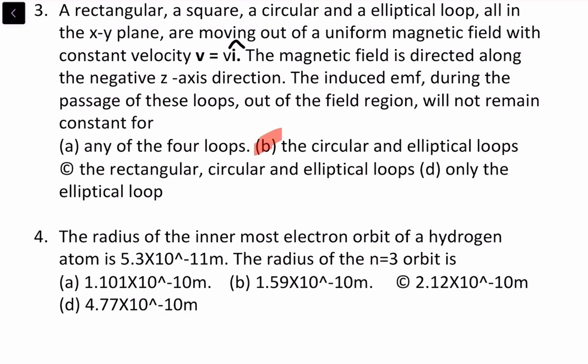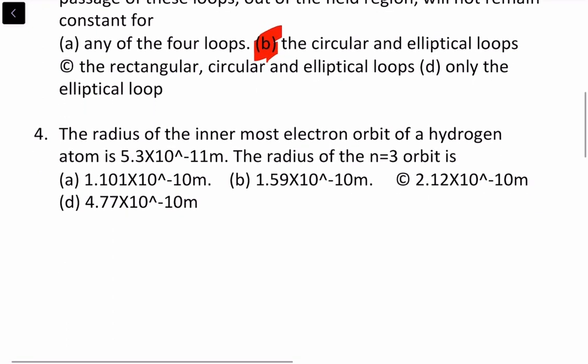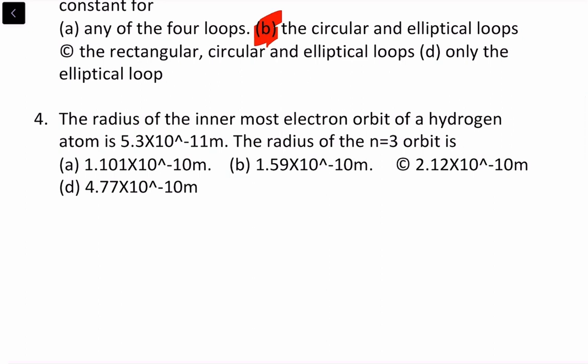The answer is B. Now, after that, let's go for another one. Fourth one: the radius of the innermost electron orbit of a hydrogen atom is 5.3 into 10 to the power of minus 11 meters. The radius of the n equal to 3 orbit is? For this we have a formula.